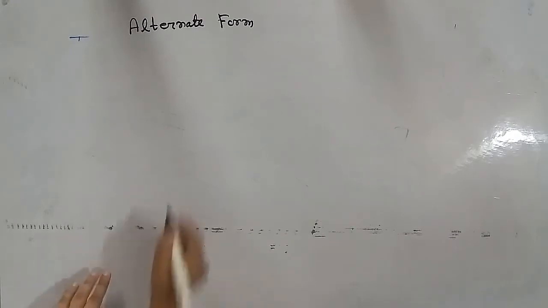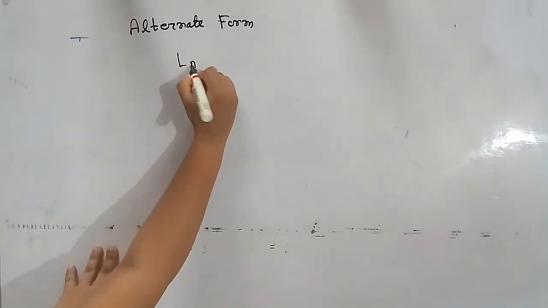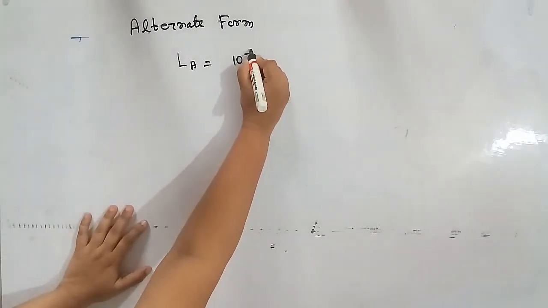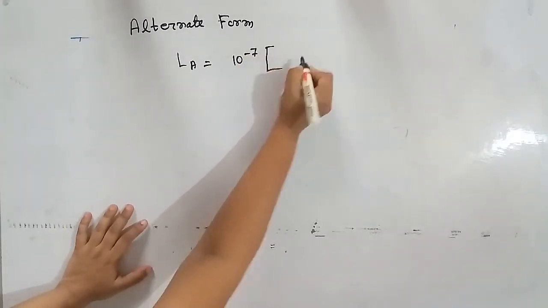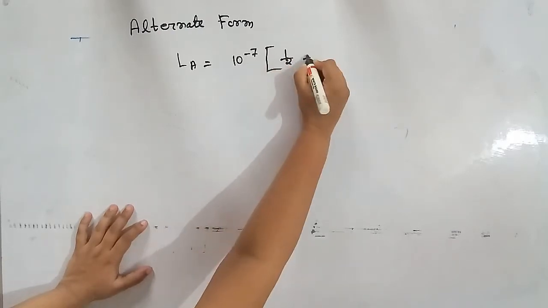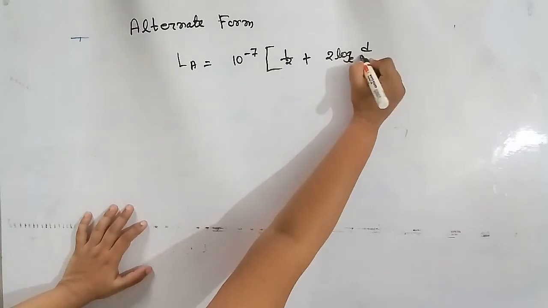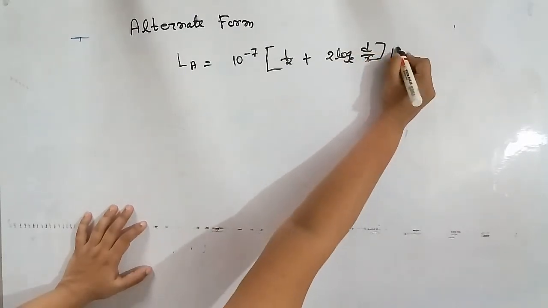What is the alternate form? We derived just now LA = 10^-7 (1/2 + 2 log_e D/r) Henry per meter.